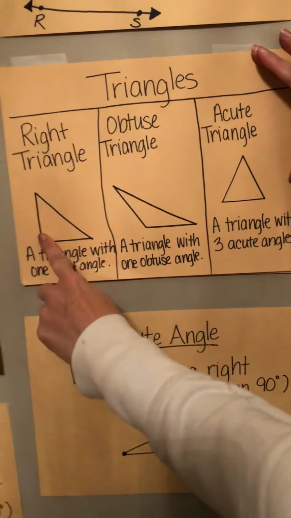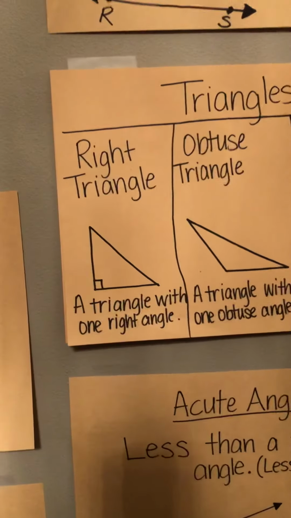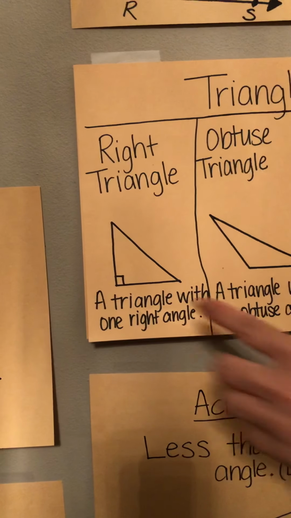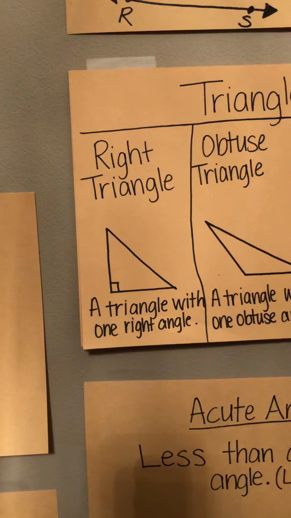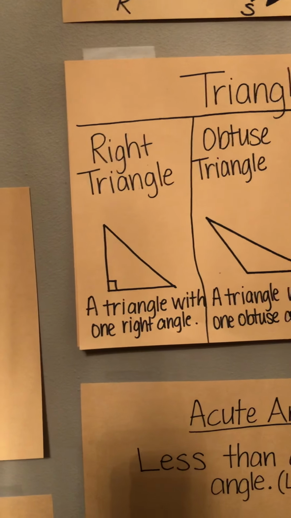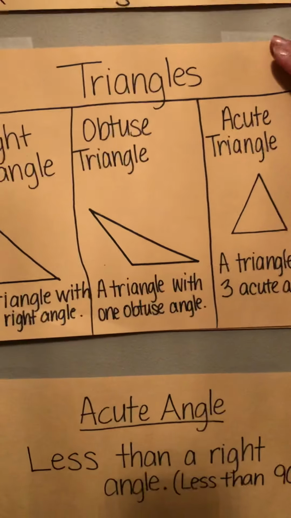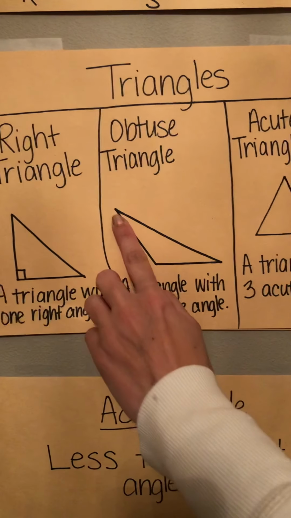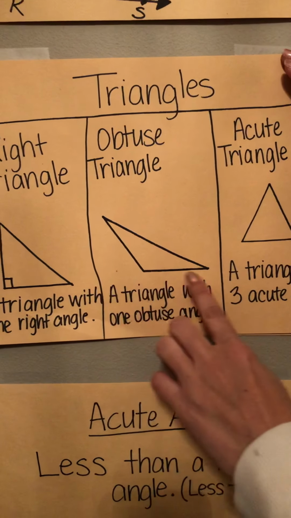If you look at this first triangle here, it's a right triangle. The key to that is that this one has a right angle in it. A right triangle is a triangle with one right angle. The second type is an obtuse triangle. If I look at this angle right here, it is larger than 90 degrees.